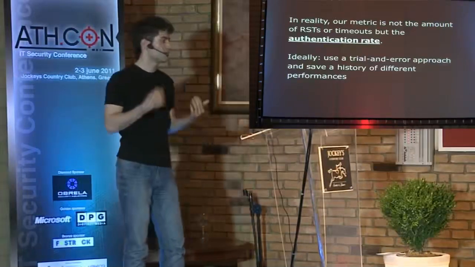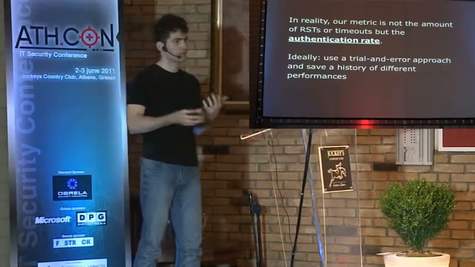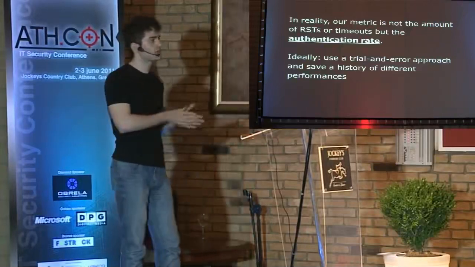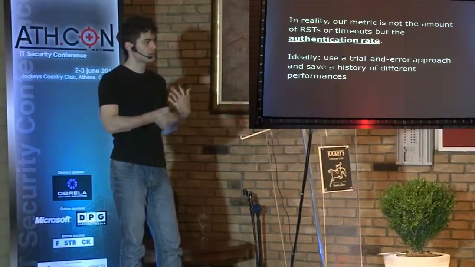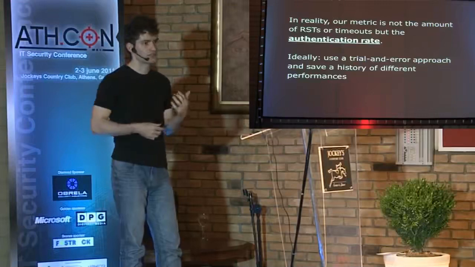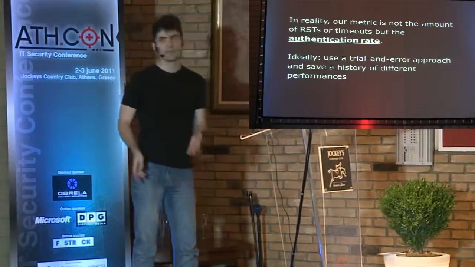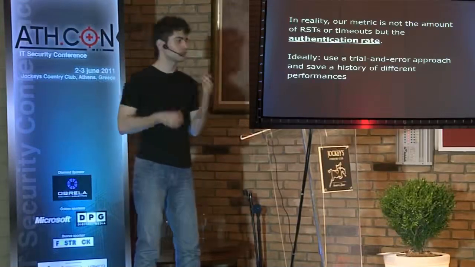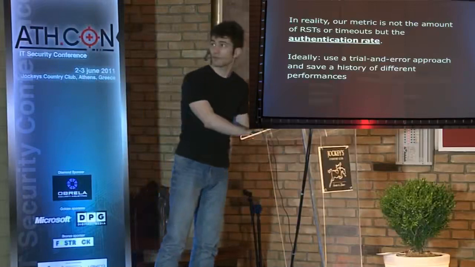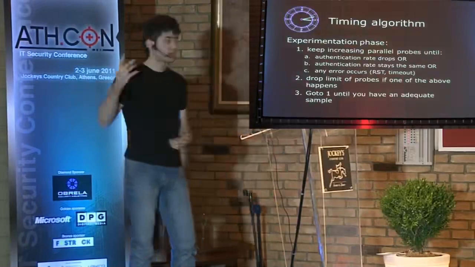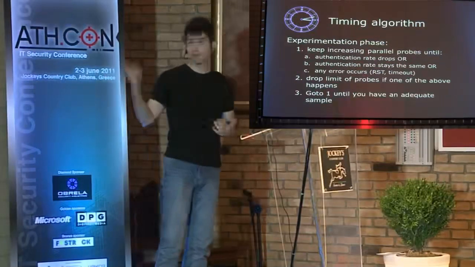But of course, it is connected to the resets and the timeouts that we get, because if there are timeouts and resets, it means that many connections are closed, and thus the authentication rate has decreased. One of the solutions is to use a trial and error approach, and we'll see how we can do that. So a proposed timing algorithm that sits on top of TCP, as we said before, is the following.